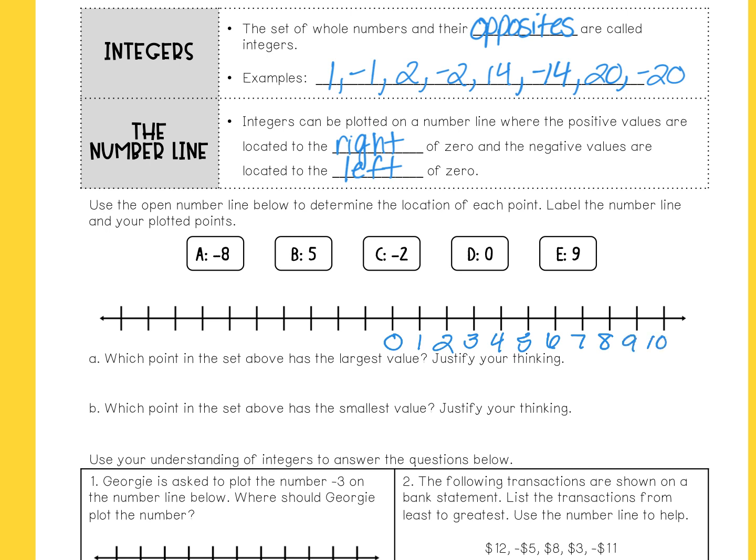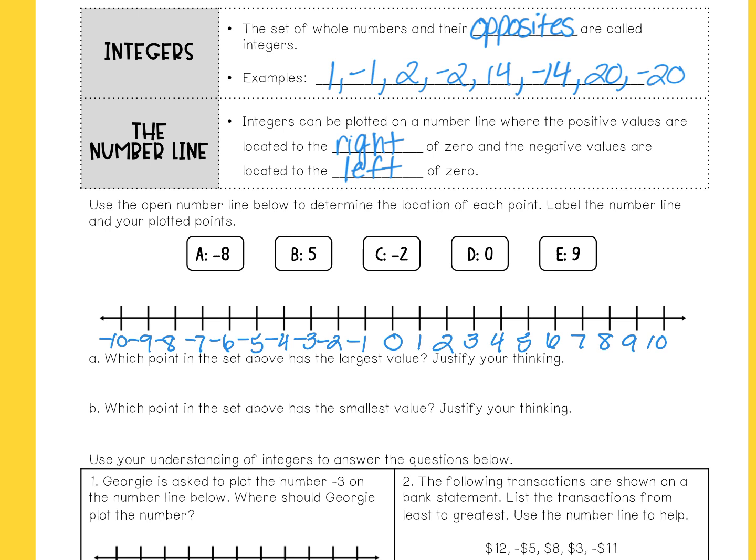To the left of 0 are going to be my negative numbers. So I'm going to start with -1, -2, -3, -4, -5, -6, -7, -8, -9, and -10.